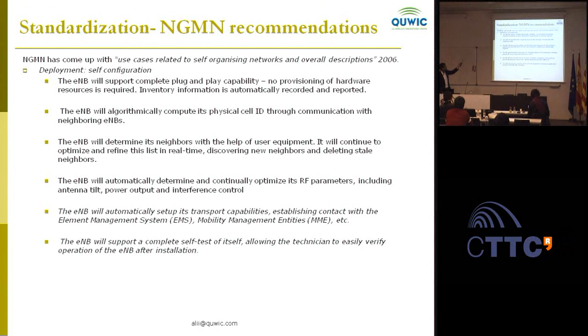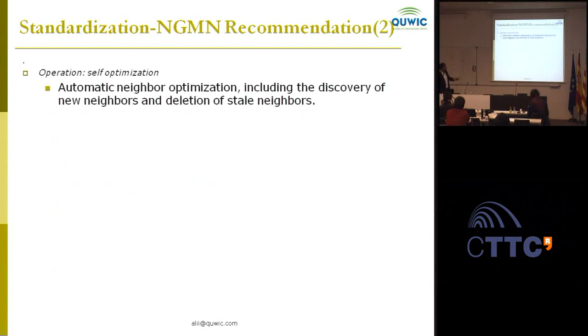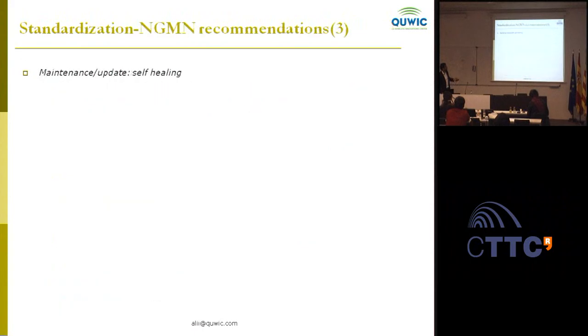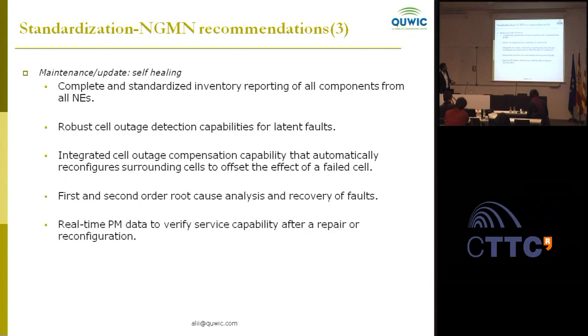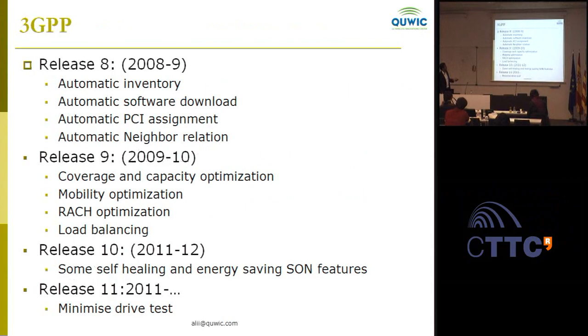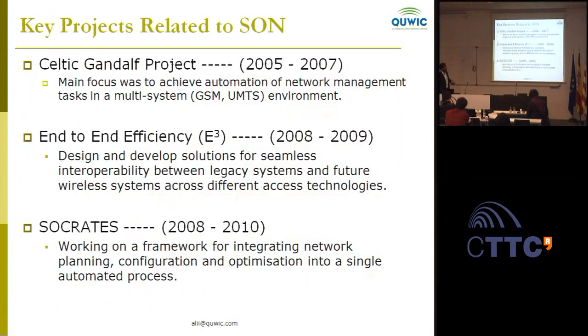For example, in deployment, what self-configuration functionality should be there, in optimization, what should be there, and similarly in maintenance and update, what SON functionality should be there. In terms of 3GPP, again, Misha has gone through them in detail. 3GPP followed NGMN and open literature.